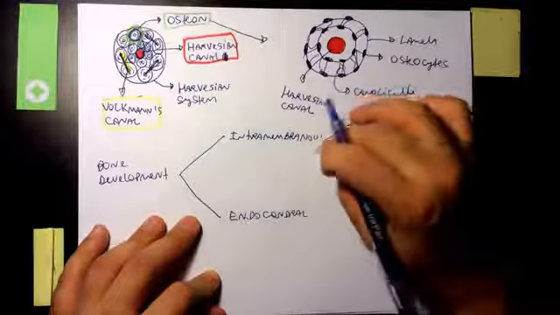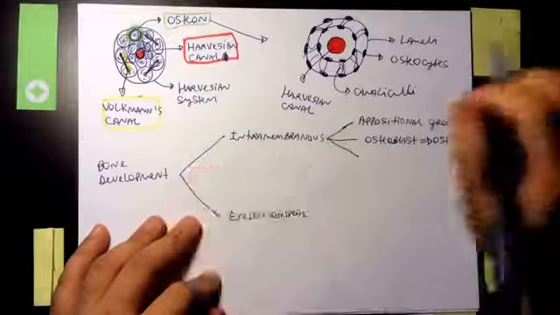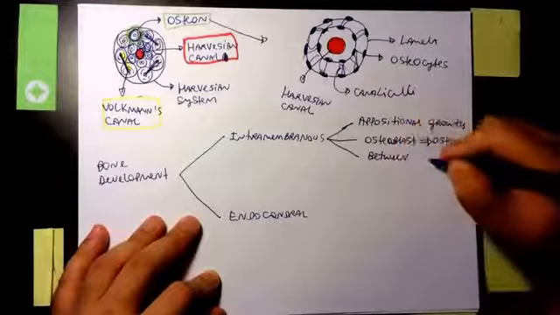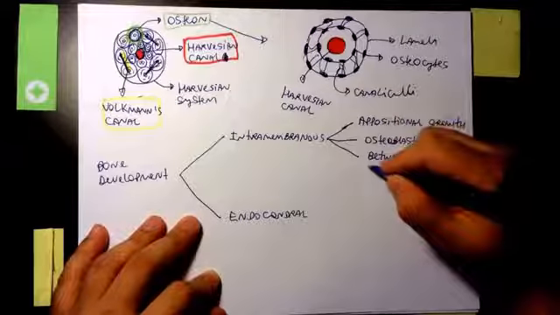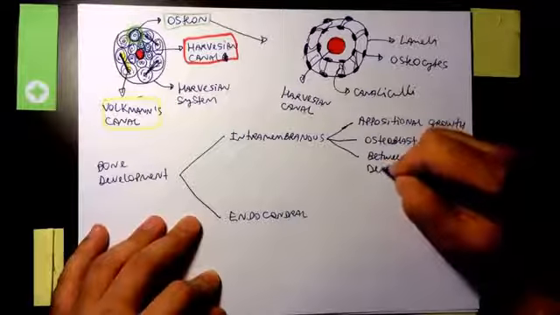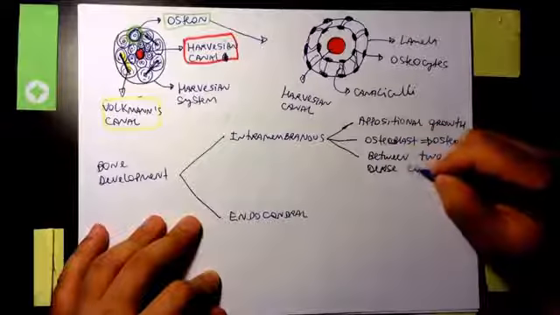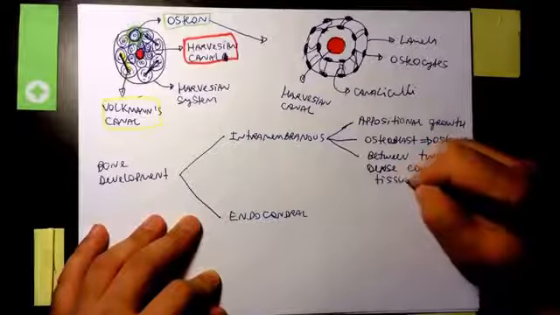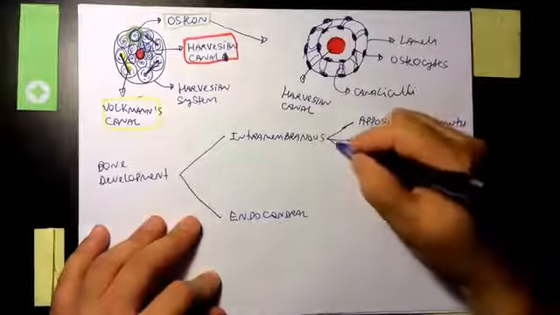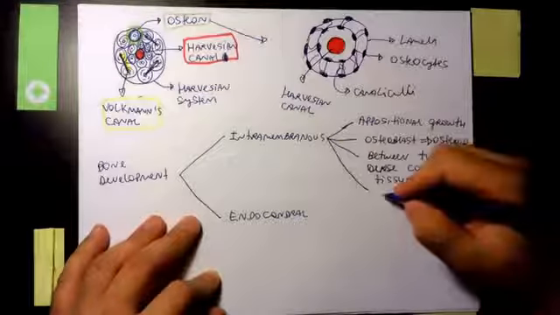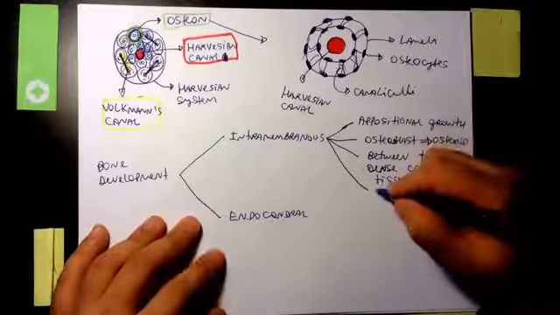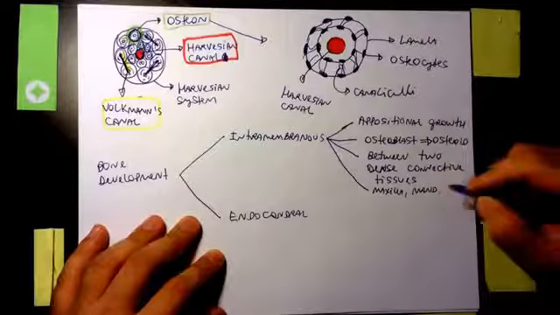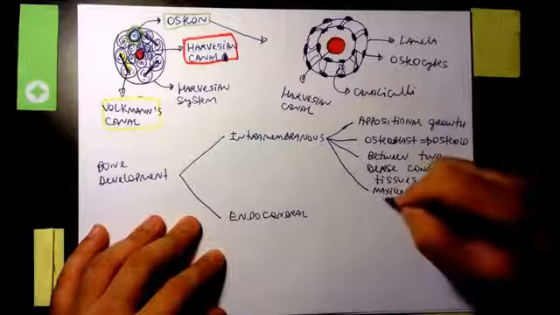So intramembranous ossification also needs to happen between two dense connective tissues. Okay, and for example, this is the growth that happens in the maxilla, in the mandible, and also in flat bones.